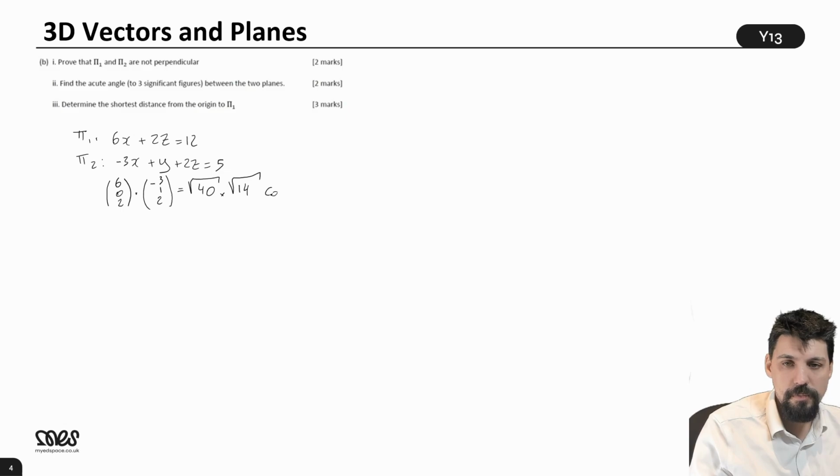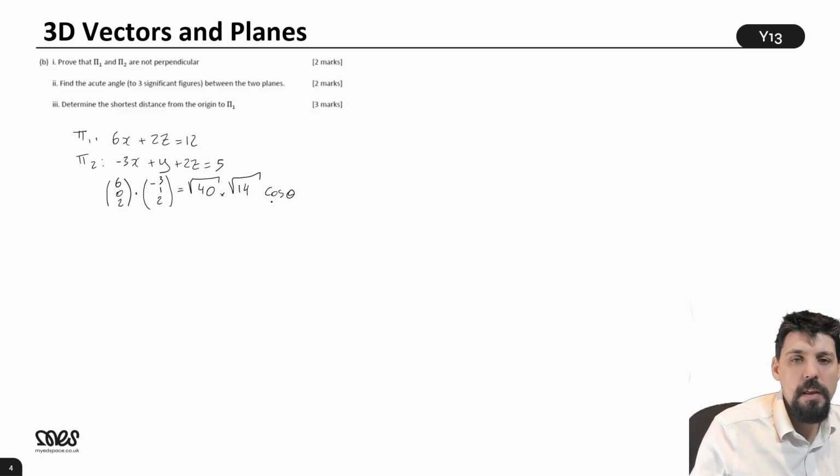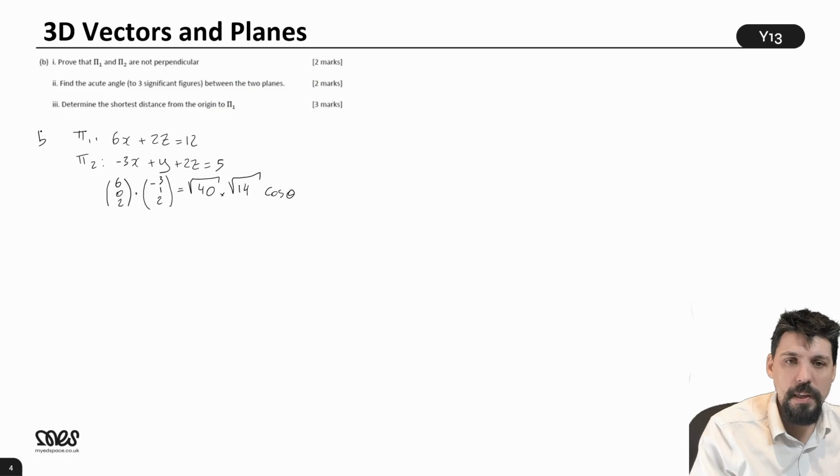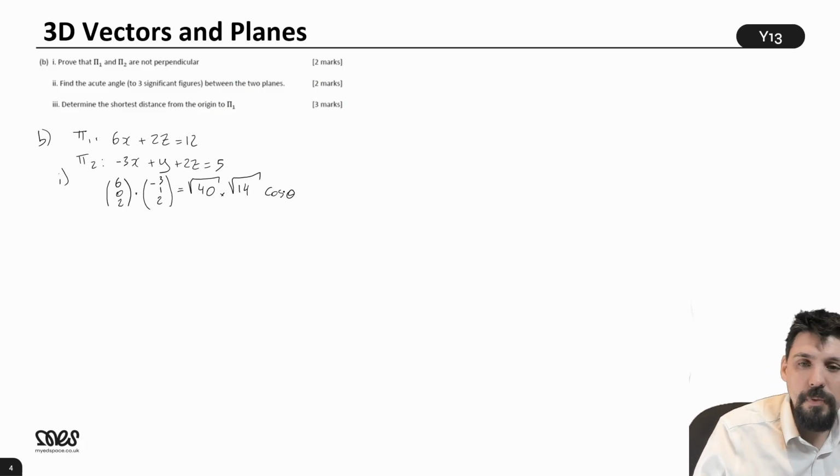Cos theta. Now, all I care about here, I don't actually want the angle between the two, I just need to prove that they are not perpendicular. Now, if they were perpendicular, this is part B, and at the moment we're doing part I, cos theta, so theta would be 90 or pi over 2 if we're using grown-up measures, and then therefore cos theta would be 0.